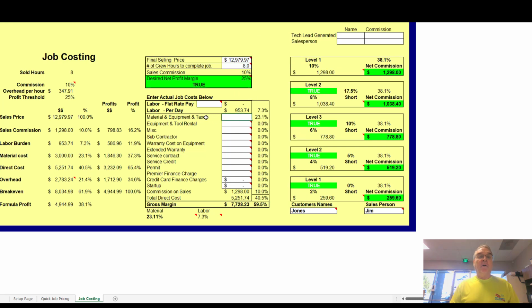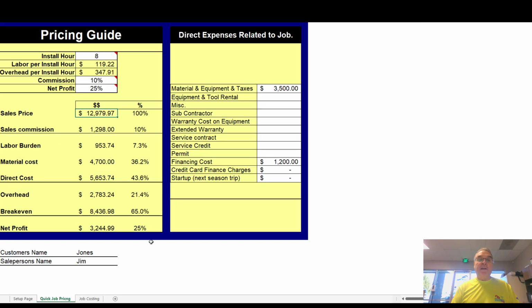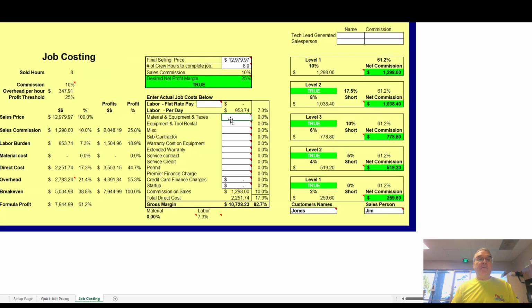Now I have to then go, okay, what was my shore up in materials? Well, let's just say everything came out perfect. Okay, so we got 3,500 and 1,200. So the material and equipment turned out to 3,500, and then the financing charge turned into 1,200.